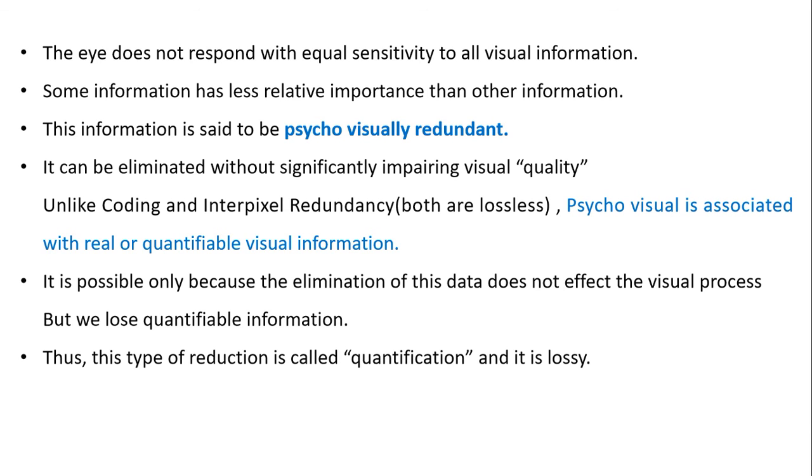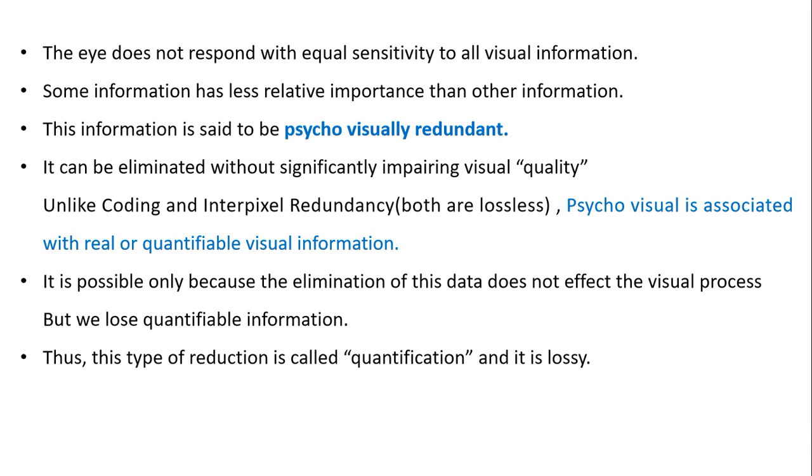So why are we giving concentration to psychovisual redundancy? Because our eye does not respond with equal sensitivity to all visual information. Some information has less relative importance than other information. This information is said to be psychovisually redundant. It can be limited without significantly impairing the visual quality.